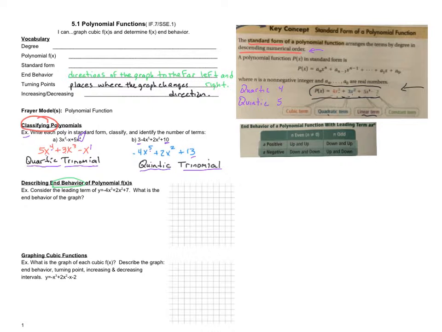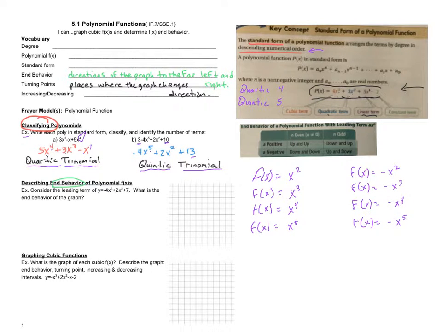Going to the next step, we talk about describing the end behavior of a polynomial function. You should remember that when we had a quadratic equation, x squared, we knew that it opened up because my a was positive.